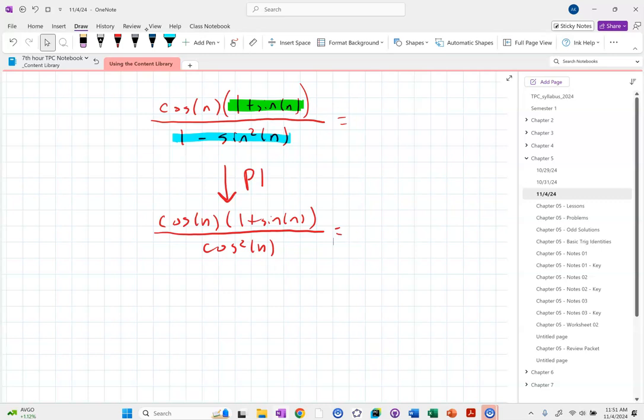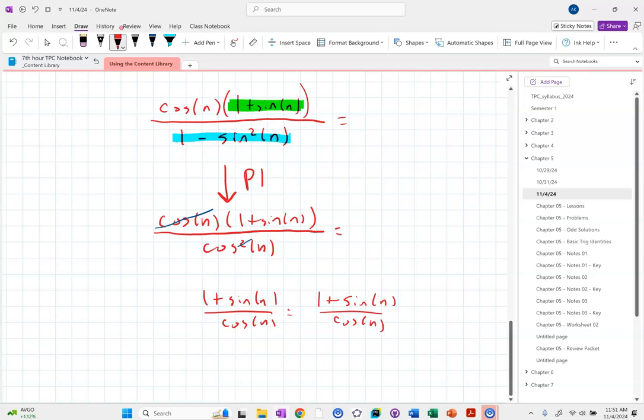You can cancel off the cosine. Yeah, if I cancel out the cosine, that's exactly what I need this to end up at, right? And I'm done. You guys see that?